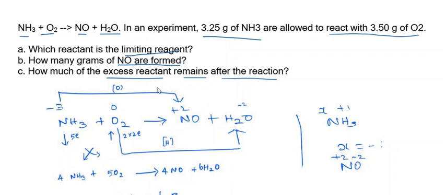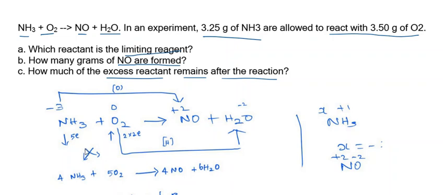So before attempting the solution, we should be able to arrive at the balanced equation. That is, we should be able to balance the given chemical equation. So the equation is ammonia combines with oxygen to give nitrogen oxide and water.